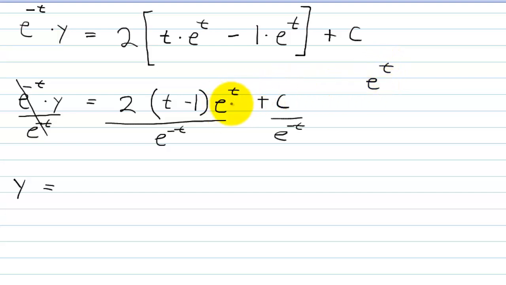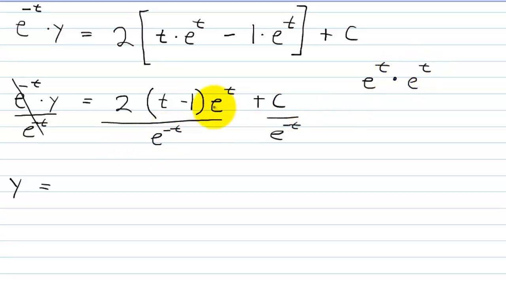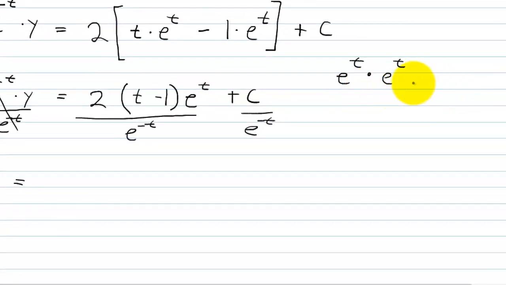t, that's this one, times this guy, which is e to the t again. And the reason this becomes positive is because I'm moving it from the bottom up to the top. And that's going to just be equal to e to the 2t. Because remember, when you have them like this, that actually gets rewritten as e to the t plus t. So these two get added, and you get e to the 2t.